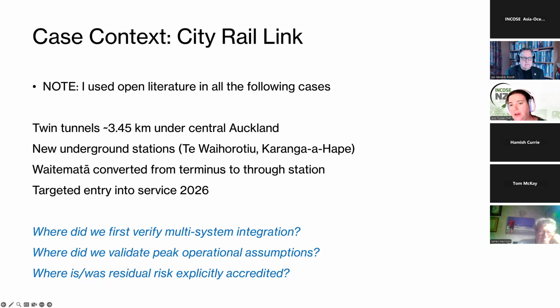Where I think City Rail Link has done things differently is they then go the next level down and capture that in requirements that are then subject to verification.